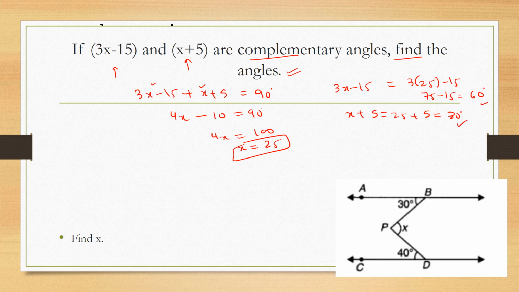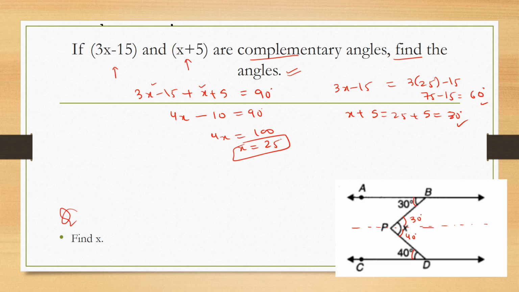Next question is, we have to find out the value of x. Okay, how can we find it out? Can I construct a line parallel to AB and CD? Now, if this is 30, this will be 30. Why? Alternate interior angles. And if it is 40, it will be 40.